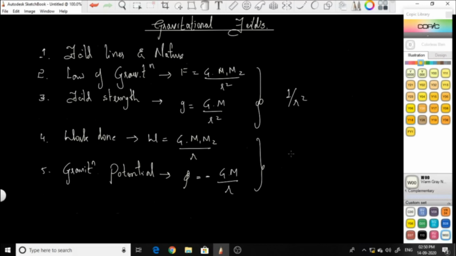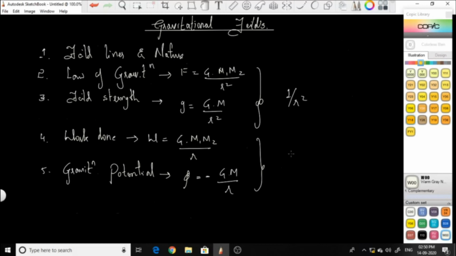Our last equation was the relationship between the time period and the radius, under the topic orbiting under gravity. That equation turned out once we equated the gravitational force and the centripetal force.